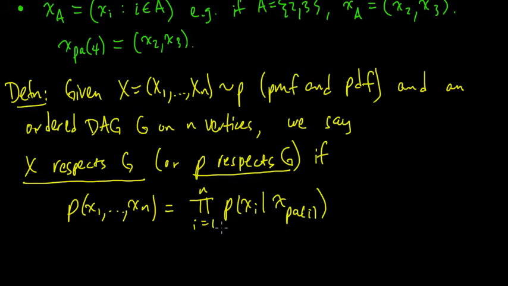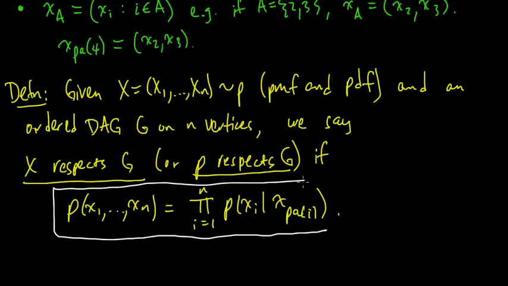Well, taking those values. So this is the key formula here. Remember before I mentioned that it all comes down to the factorization of the joint distribution, and for directed graphical models, this is the factorization that I was referring to.